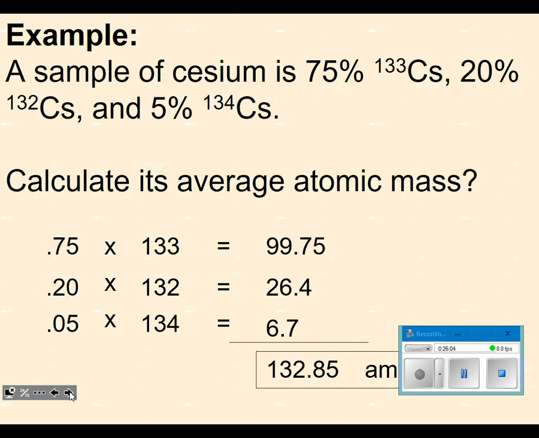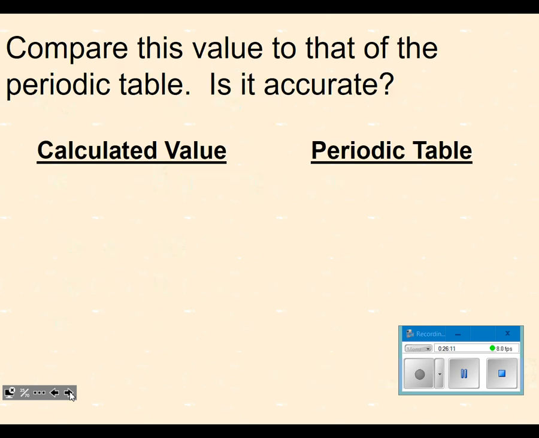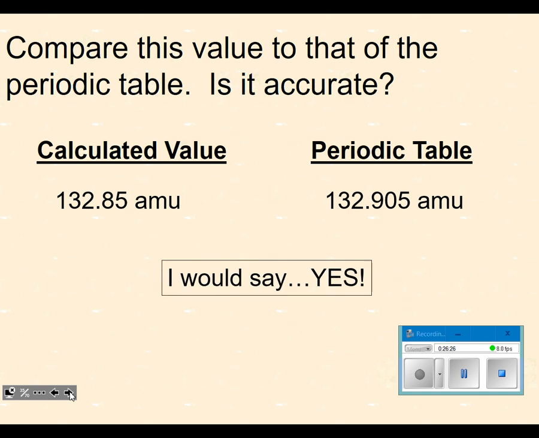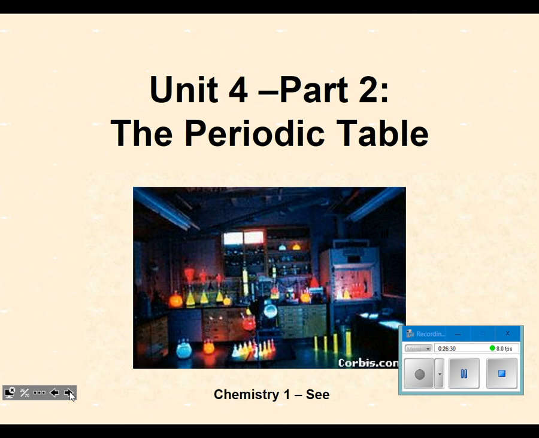My periodic table has an average atomic mass as well. The calculated value is 132.85, and on the periodic table it says 132.905. So it's pretty close, and doing it that way is pretty accurate. That ends part 1, and part 2 will be in a separate recording.